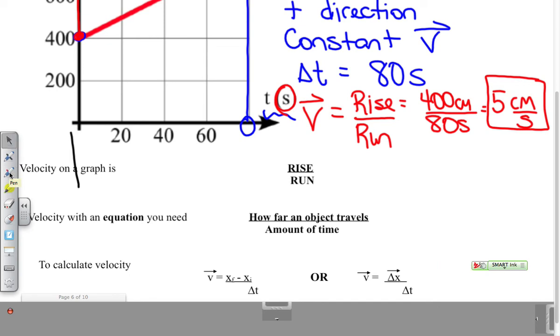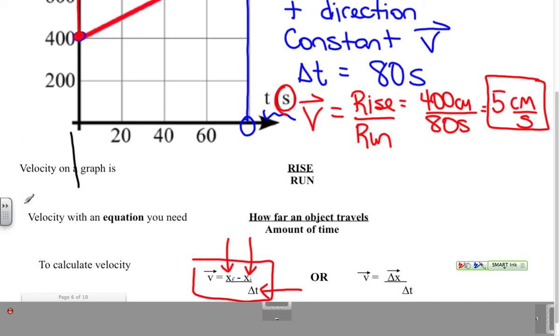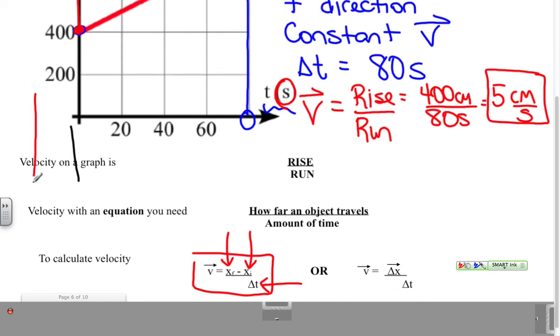So again, it looks a little offset, I apologize for that. We have xf, and xf is new to us, but if you think about what xi means, xi is initial position, xf is final position. And then we have xi right here, and then we have delta t. Once again, I apologize for the delta t being offset. Now, if we take a look back up here at our graph, what we want to do is see if that matches what I did.